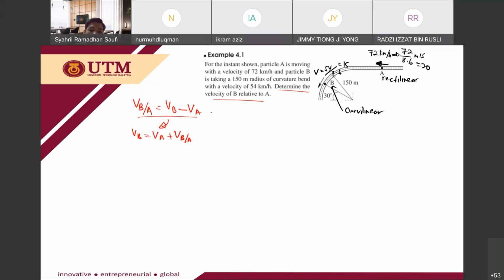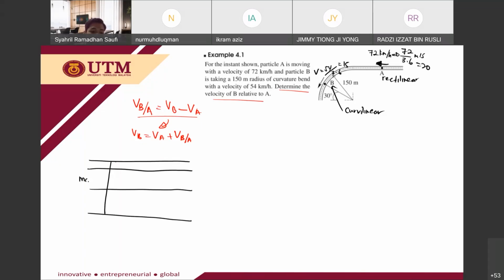So let's put the information in the table first. Usually for this chapter, I would suggest students put the information in a table. Here is magnitude, and here is direction, which means the angle.